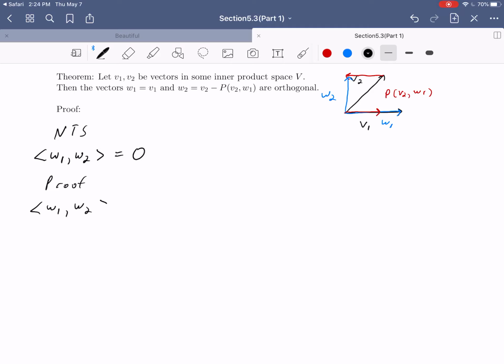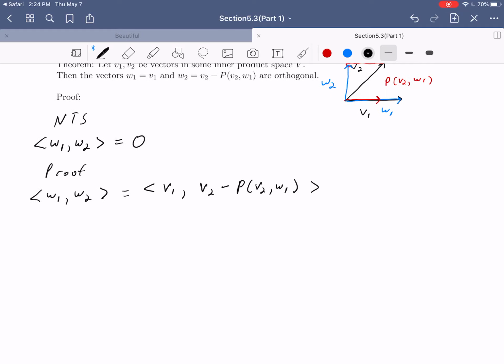So let's do our proof here. W1, W2. What does that inner product look like here? Well, we know what W1 is and we know what W2 is. So this would be the inner product of V1 with V2 minus the projection of V2 onto W1. Now we know that W1 is really just V1, so let's rewrite this in terms of all V's.